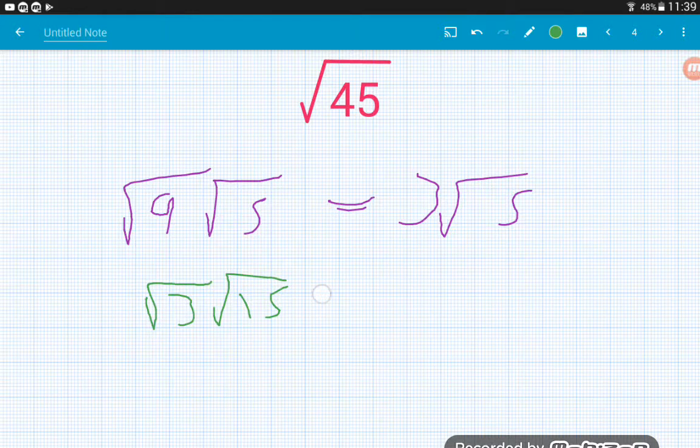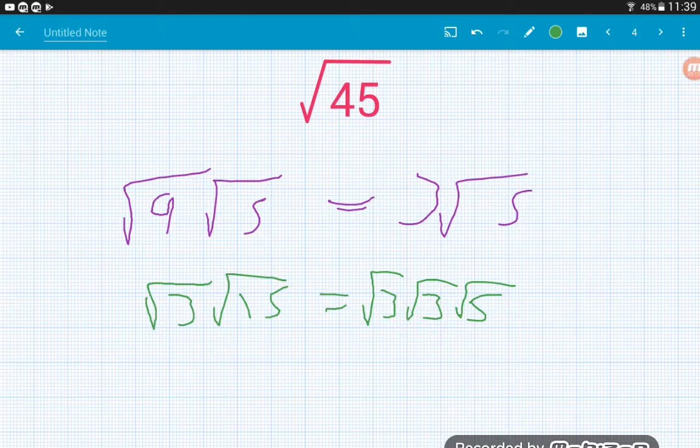But what we can do then is split root 15 into root 3 times root 5, because 3 times 5 is 15. And now we've got root 3 times root 3. So this root 3 times root 3 at the start is going to become a normal 3, then give us 3 root 5 again. So, same question, same answer, two different methods.